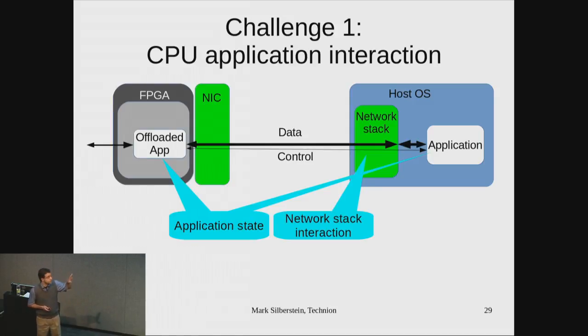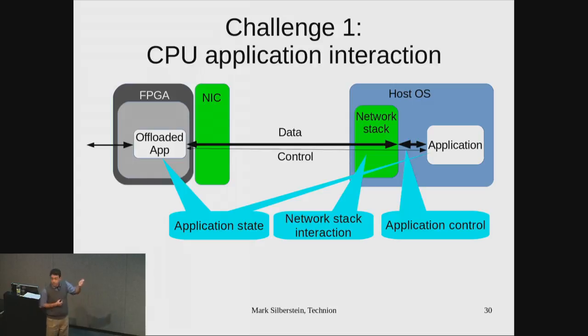There is also the issue that the FPGA would want to send packets. Some of the tables, like the neighbor table, are actually on the side of the network stack. So how do you make sure that this table makes it all the way into the FPGA for this functionality to be available there?